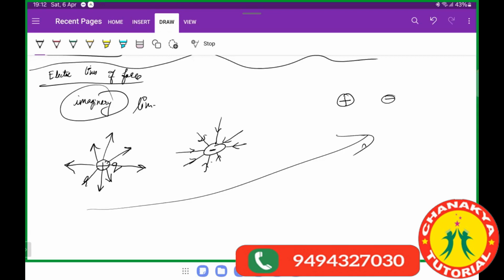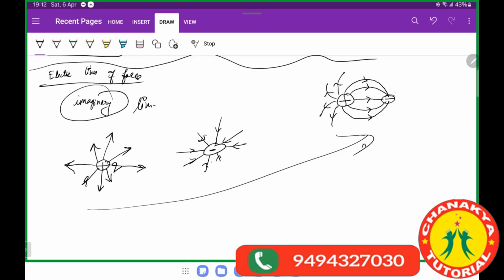So will it be attractive or repulsive? Attractive. Yes. So if this is going outward, that means this is going inward. This is the main reason why opposite charges attract and like charges repel.